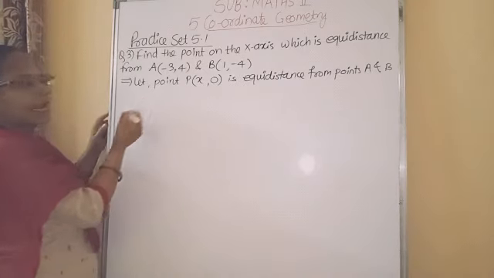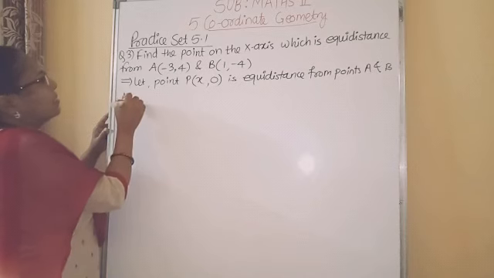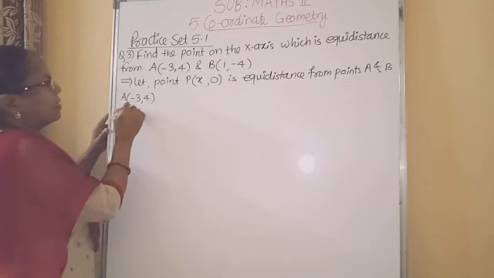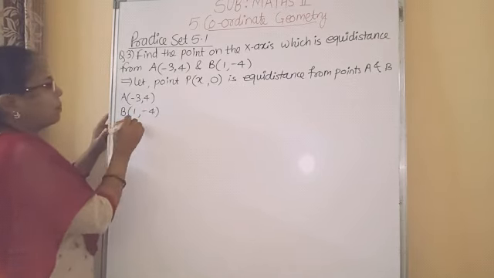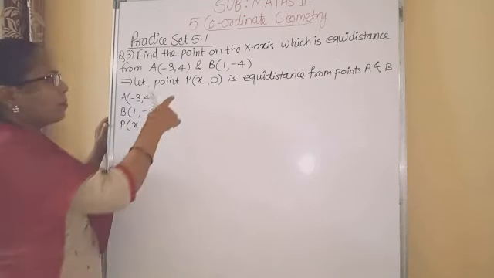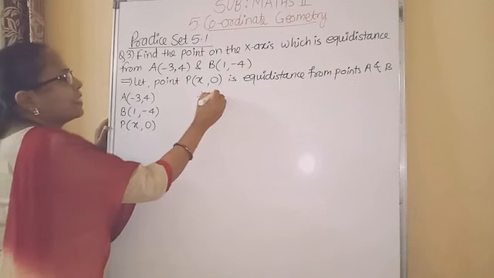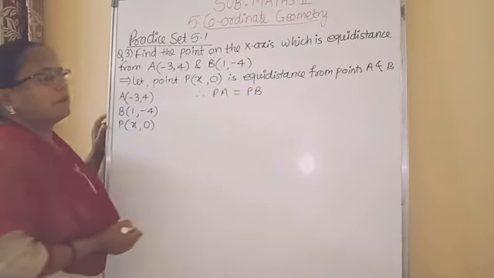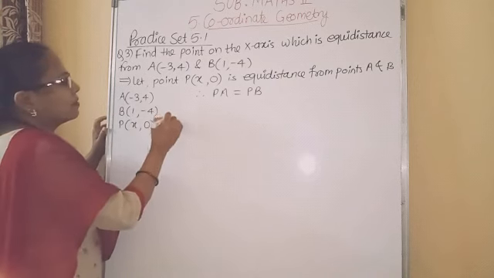So here we will write the coordinates. Coordinate of point A is -3, 4. Coordinates of point B 1, -4 and coordinates of point P is x, 0. Okay. Now point P is equidistant from A and B. Therefore here we will get PA equal to PB. Okay. Now we will use distance formula here.